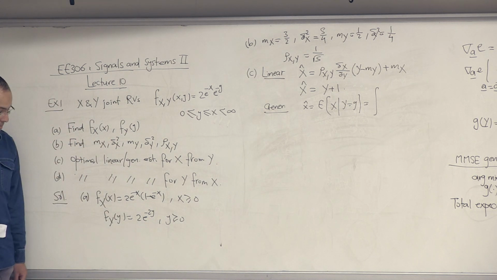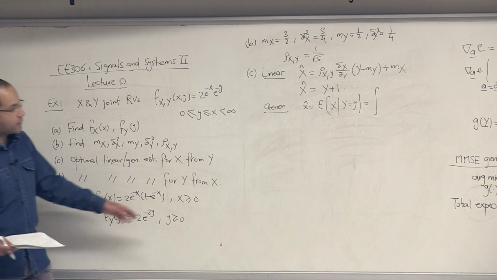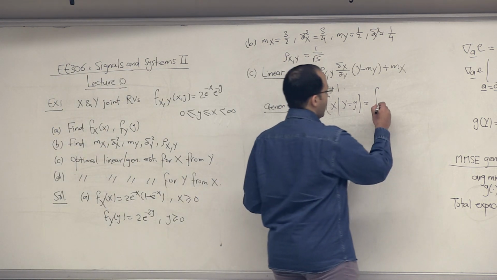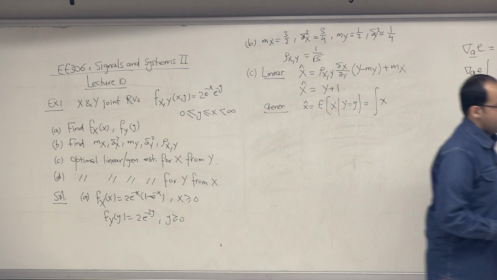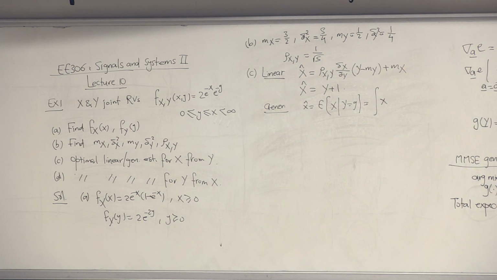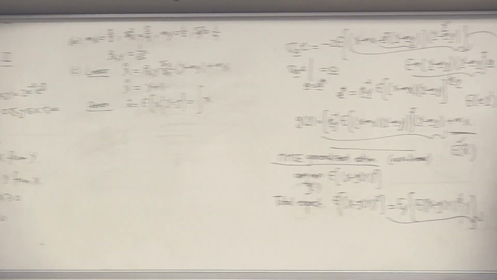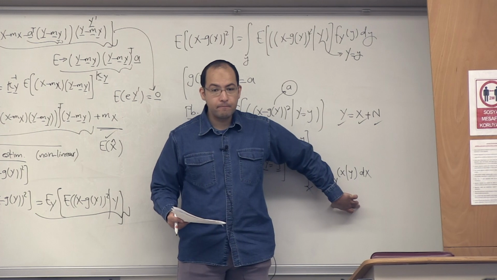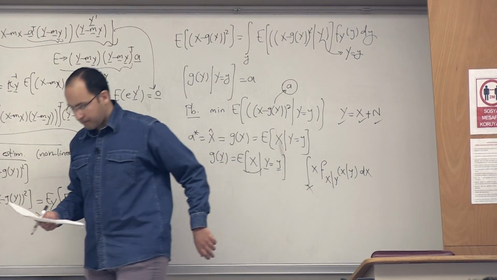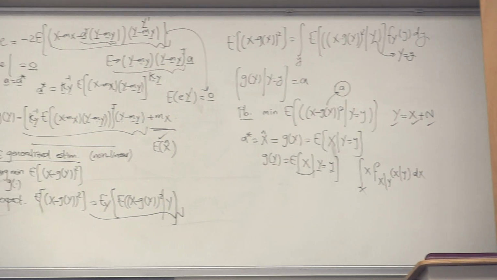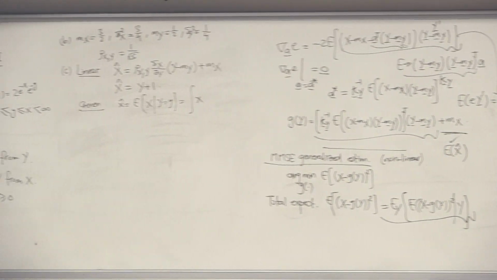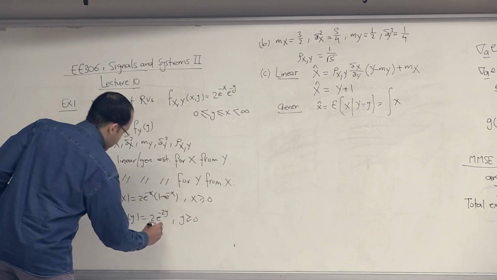It's the expectation of x, so first of all, it's x times something, right? The conditional PDF, how can we get this? Joint over the PDF of y. Exactly, so joint over marginal of y, thank you.